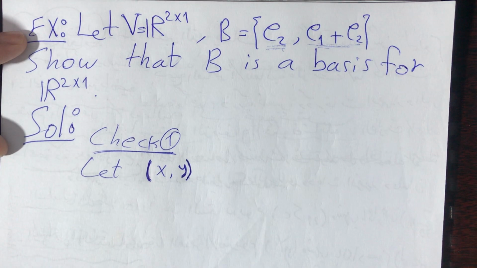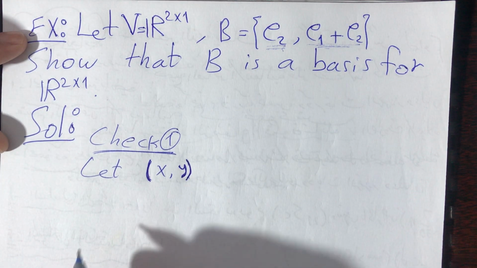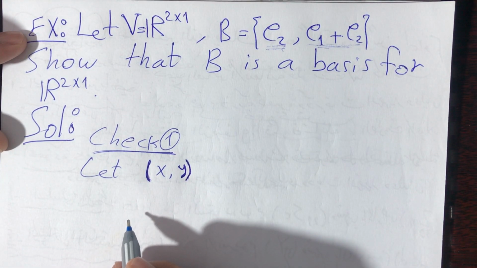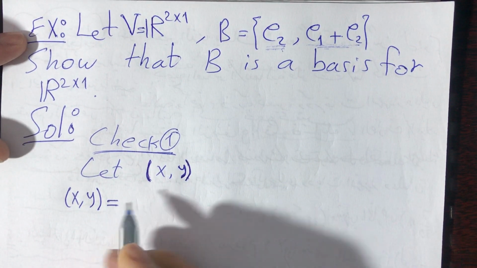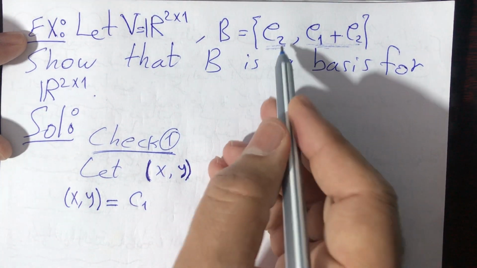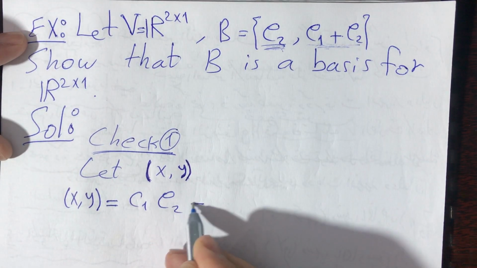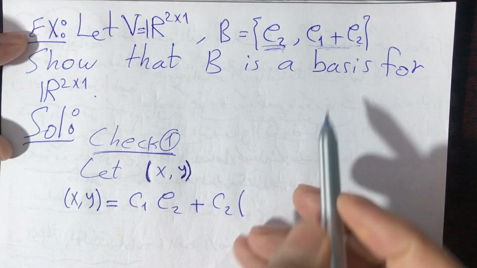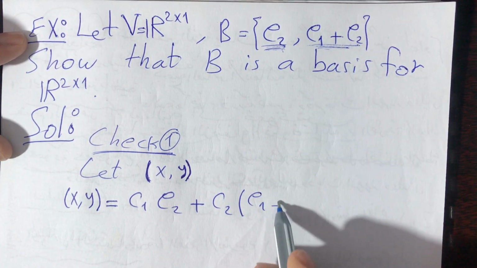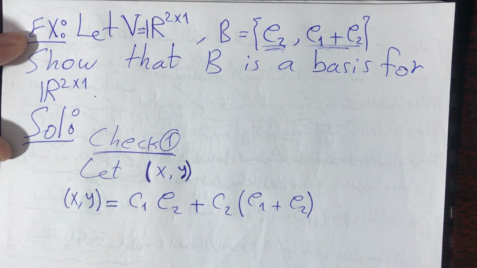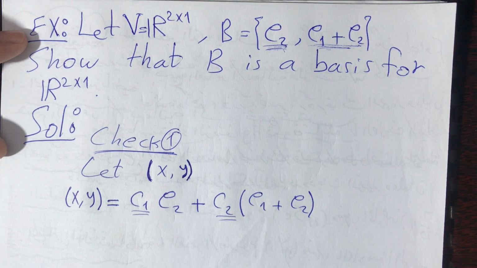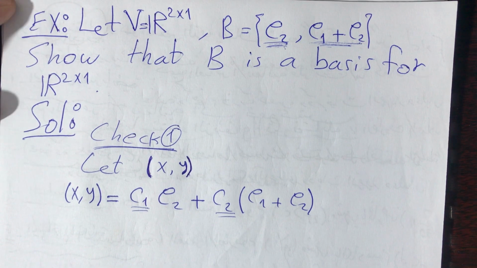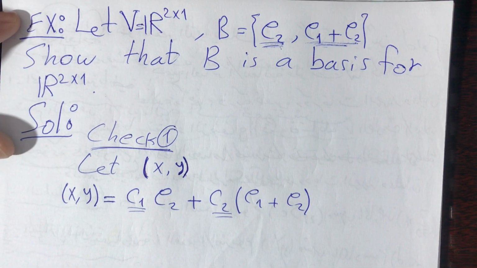The same way, try to find C1 and C2. Make the equality (x, y) equal to C1 times the first vector E2 plus C2 times the second vector E1 plus E2, and try to find C1 and C2. If I find them, so I can write any vector as a linear combination of these vectors.